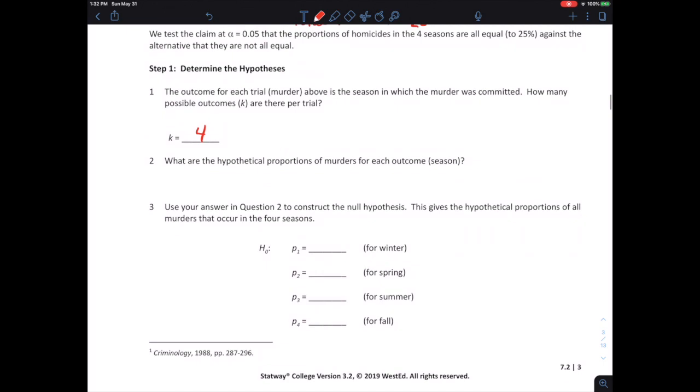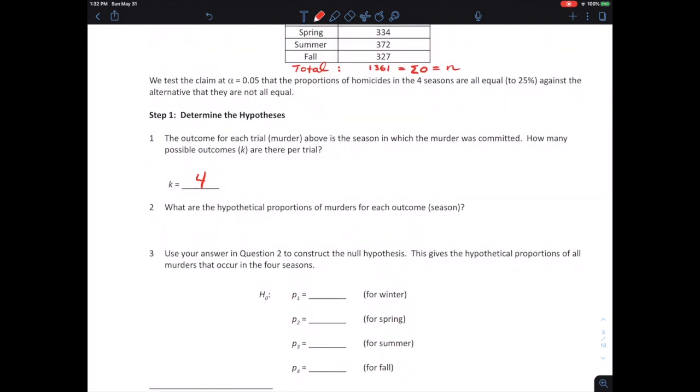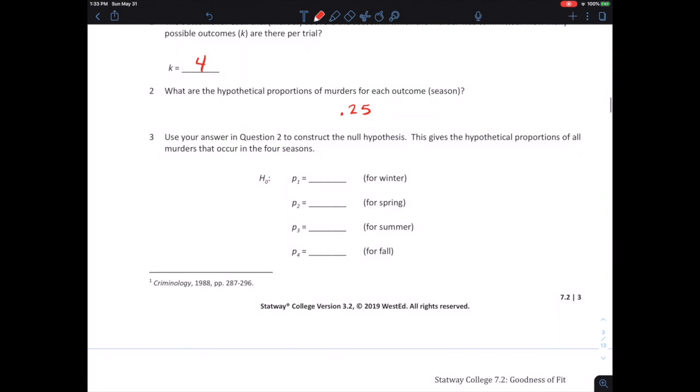Okay, and then what are the hypothetical proportions? Well, the claim is that they're all 25%, so each one of these would be 0.25. For each season, so 25% for winter, 25% for spring, 25% for summer, and 25% for fall, easy as it gets.